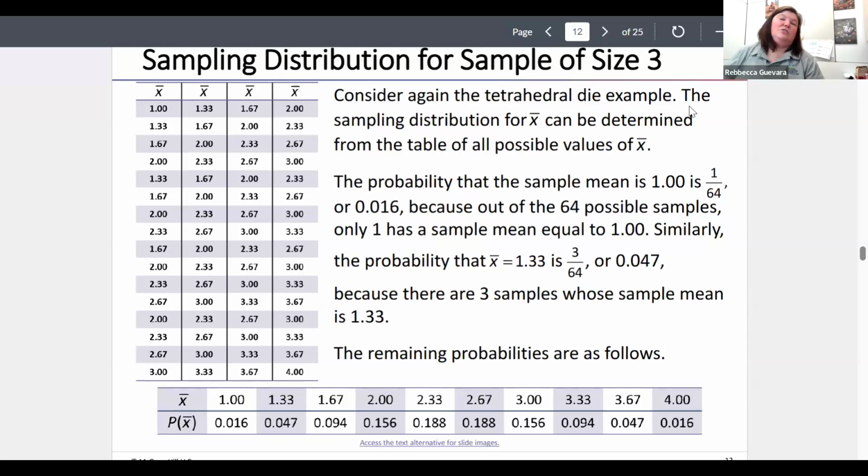Okay. So we've been talking about sampling distributions, but we really haven't shown you what a sampling distribution really is. It's not too different from any other probability distribution.